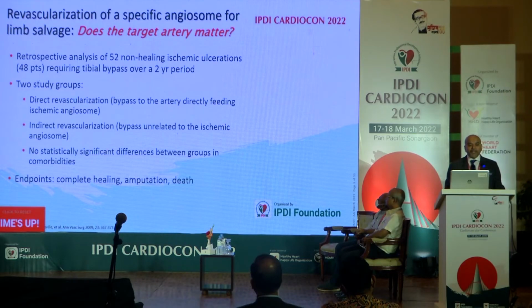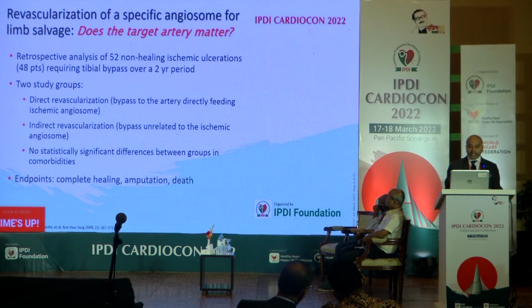So the question is, does this actually matter? Well, there have been some studies, primarily retrospective, looking at 52 non-healing ischemic ulcerations. There were two different study groups. There's direct revascularization by bypass to the artery directly feeding the ischemic angiosome versus indirect revascularization, bypass unrelated to the ischemic angiosome. So you just do a bypass to whichever artery is patent.